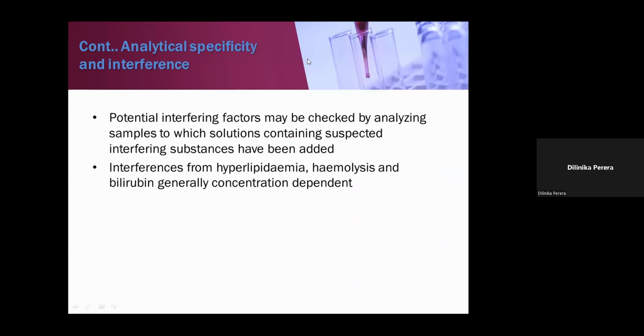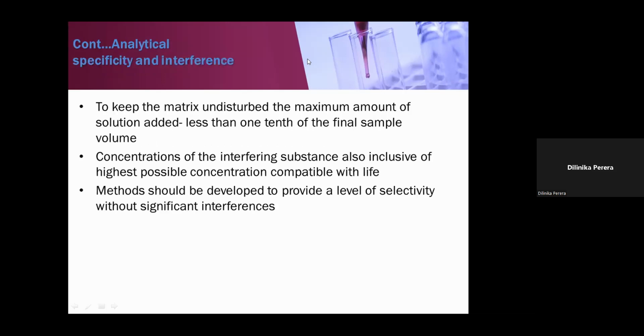Potential interference factors may be checked by analyzing samples to which a solution containing the suspected interfering substance has been added. Especially hyperlipidemia, hemolysis, and bilirubin interference is generally concentration dependent. So when we are doing interference studies, we can have several concentrations and then conduct the studies.